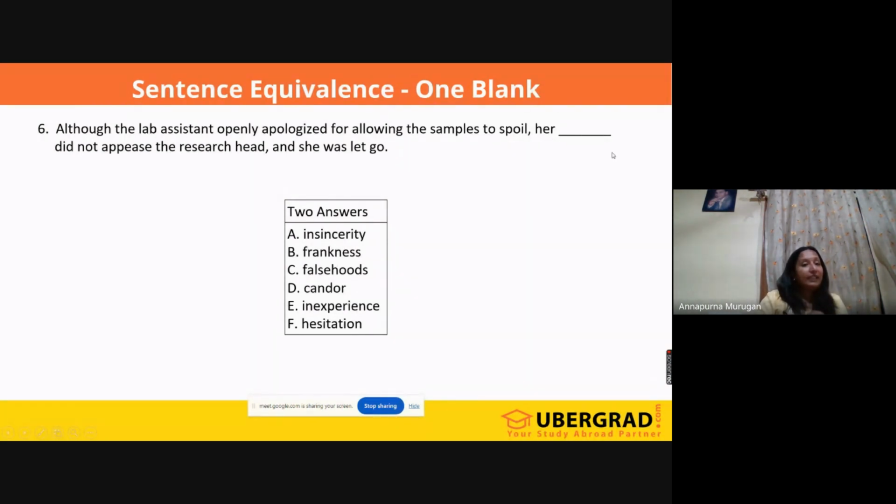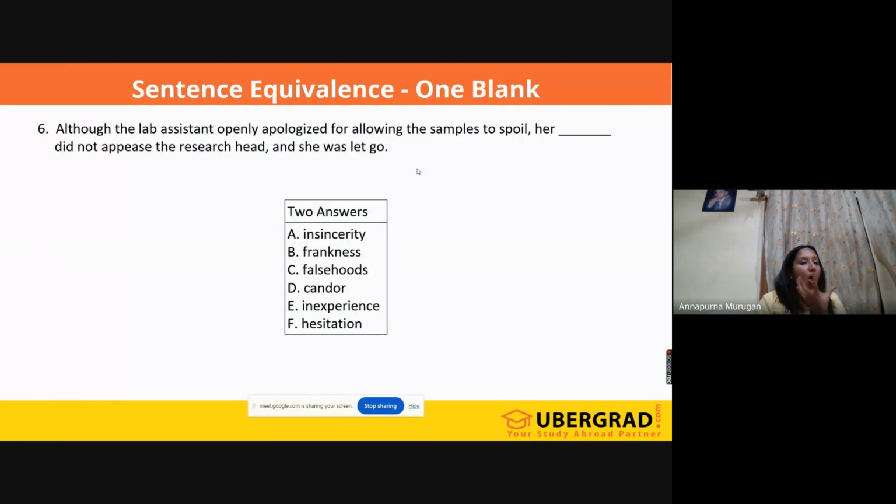But a dash did not appease the research head and she was let go. That means her truthfulness did not appease him, it was not liked by the research head, and he made her go. So definitely it should be something truth related, honesty.